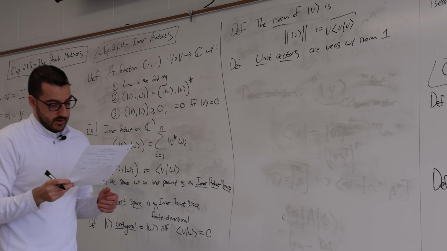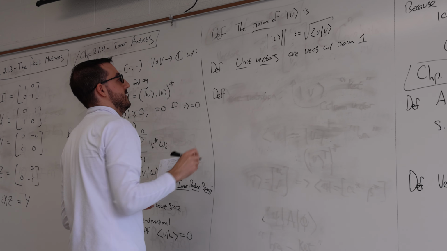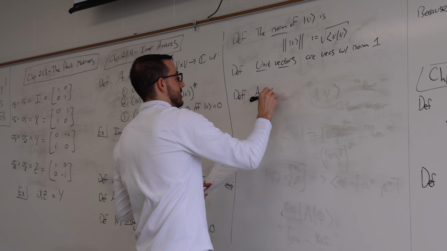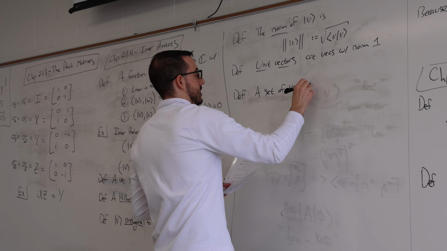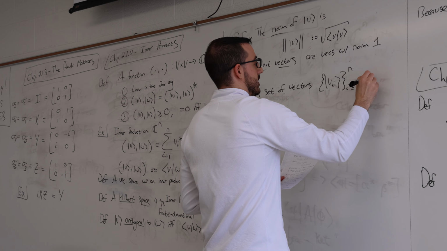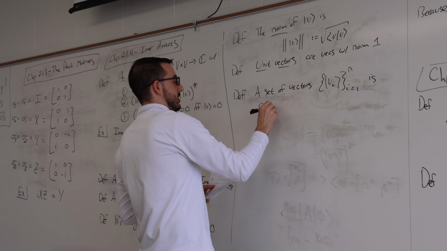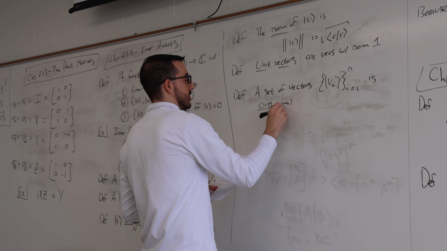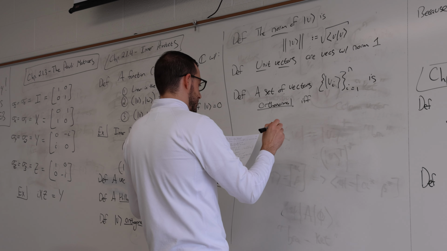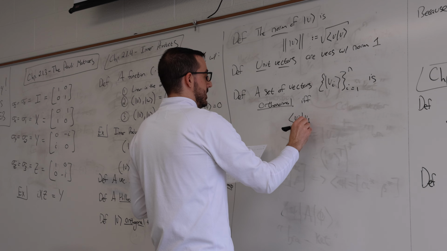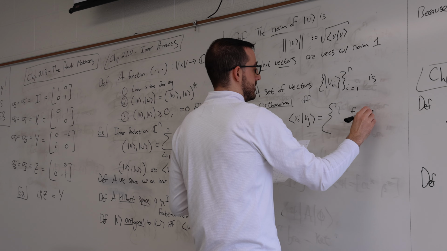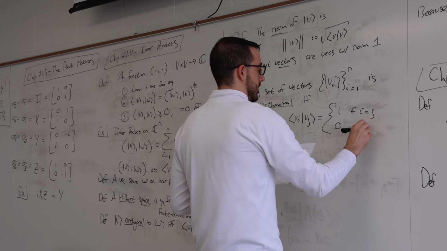And the last definition before something new, a set of vectors vi, where i goes from 1 to n, is said to be orthonormal if and only if these vectors satisfy the inner product of vi, vj equal to 1 if i is equal to j and 0 otherwise.